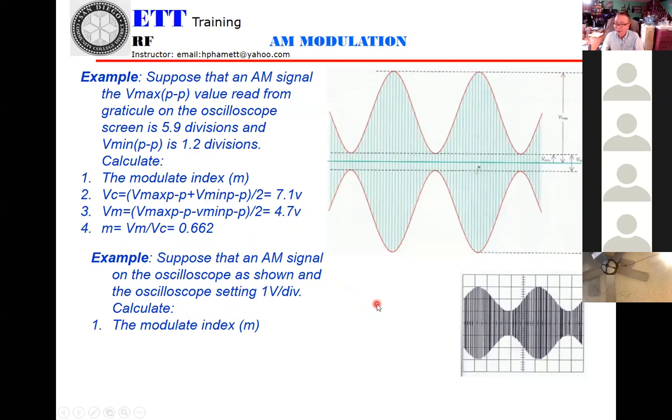Okay, the second one. They want modulation index M by looking into this display right here. That will be more clear. And they said the scope will be set to 1 volt per division.